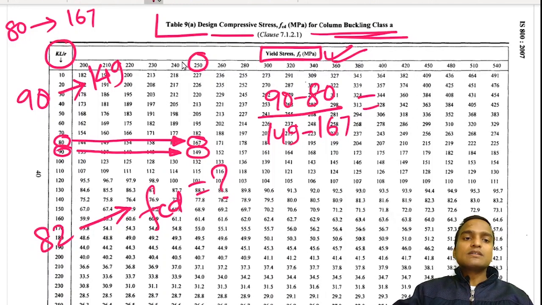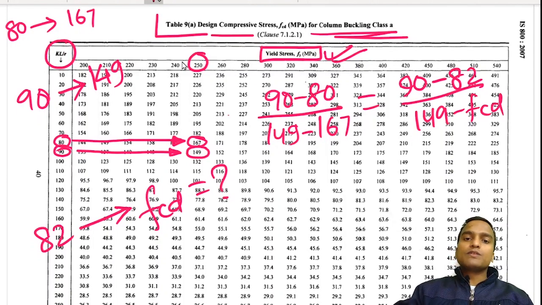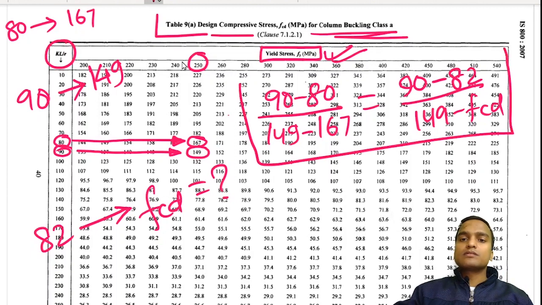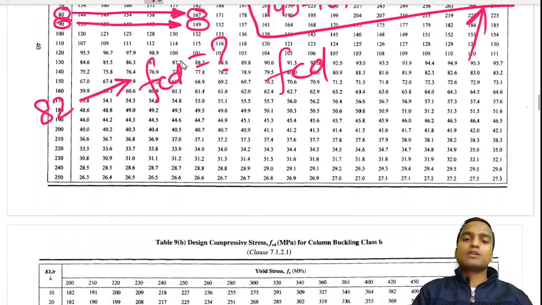Now you do the similar practice here also: 90 minus 82 divided by 149 minus FCD. Now if you solve this equation, it is very easy. Here only FCD is unknown, so you will get the value of FCD. This is how we do the interpolation, and we will do it in our numerical also.